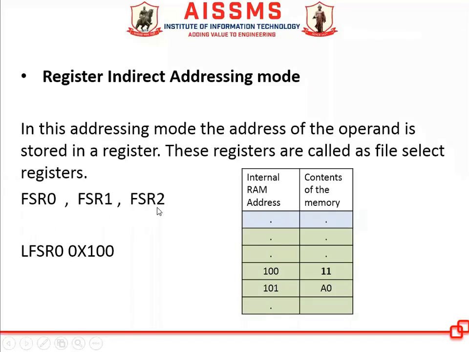There are three file select registers: file select register 0, file select register 1, and file select register 2. One of these registers will hold the address of the data.